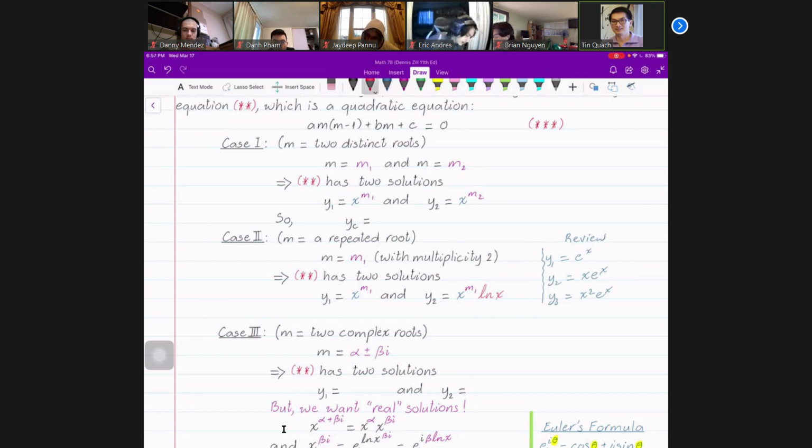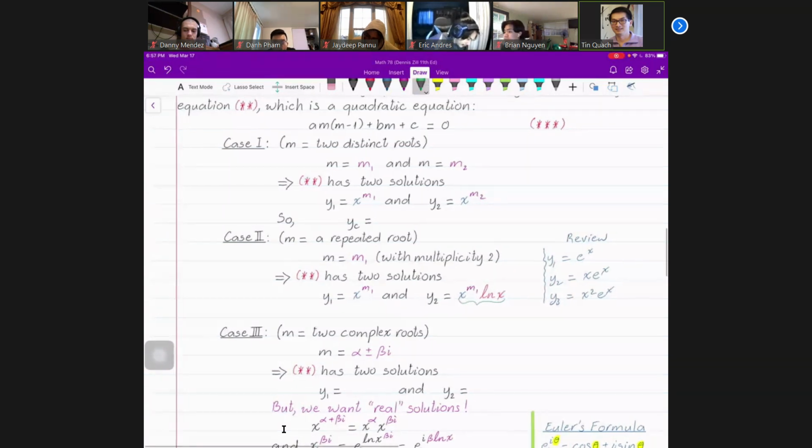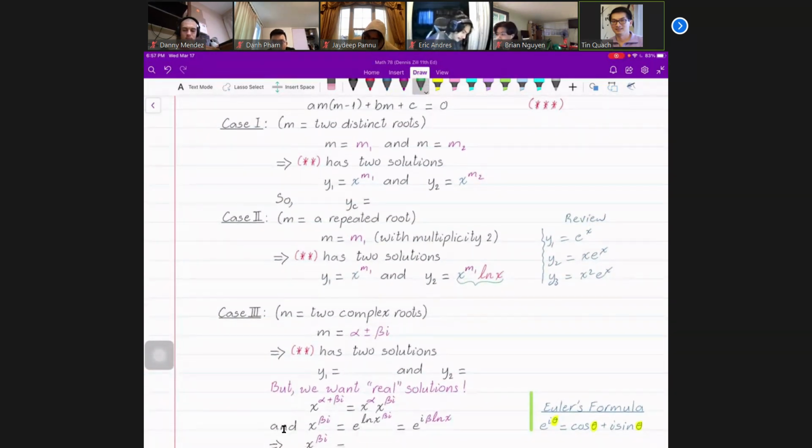How are you going to find this out? This can be obtained by the method of reduction of order.